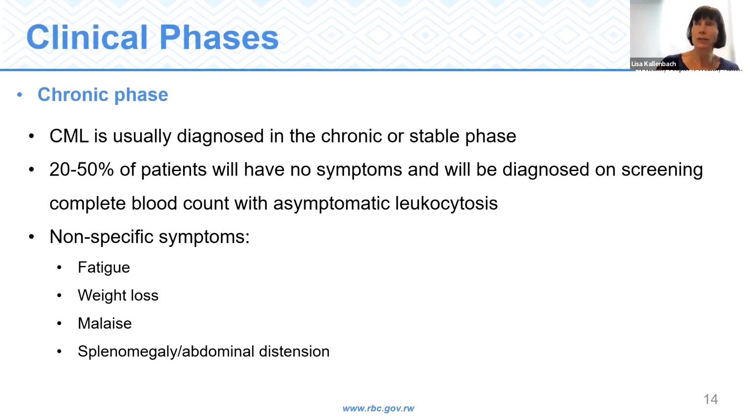So you'll see a leukocytosis or very high white count, but they will be otherwise asymptomatic. Some non-specific symptoms that patients might complain of include fatigue, weight loss, malaise, splenomegaly or abdominal distension. So they would complain of abdominal distension and you would note splenomegaly on exam.